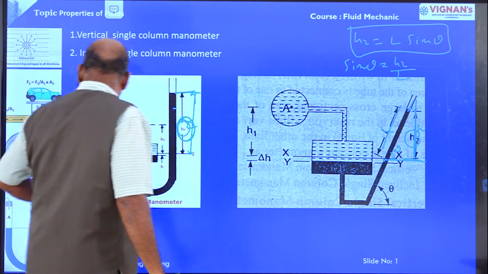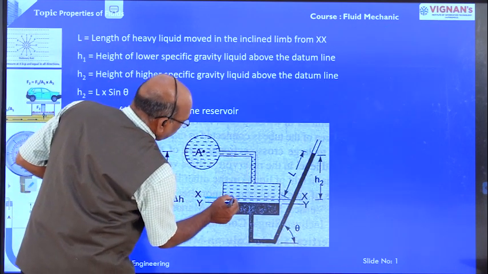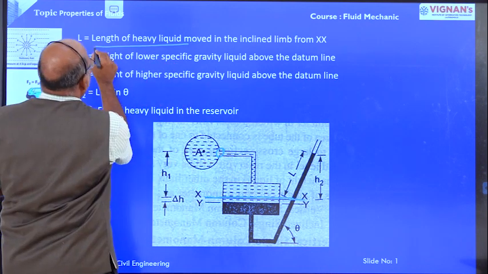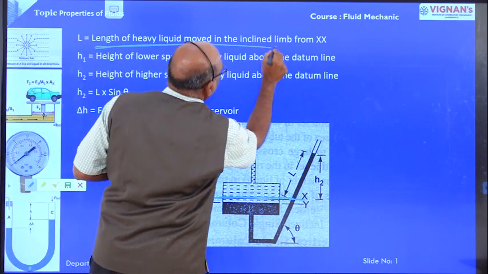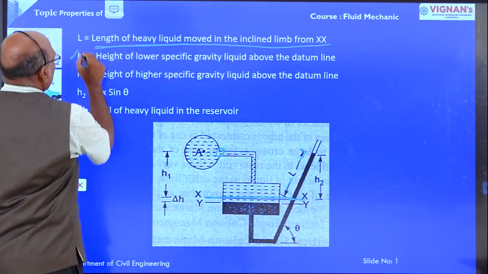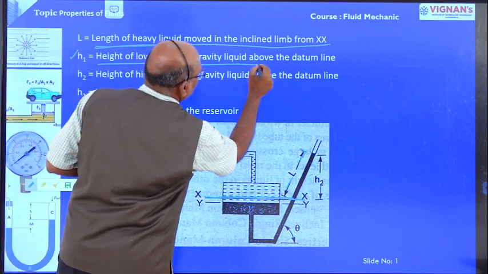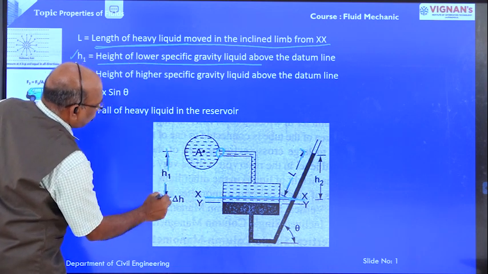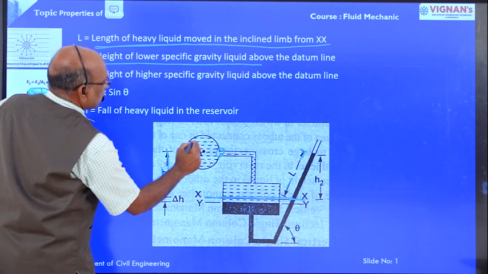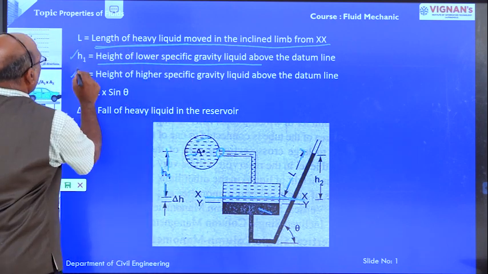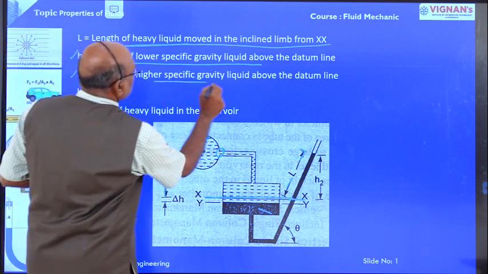theta. Right? This is section XX before connecting the pipe at point A. L is the length of heavy liquid moved in the inclined limb XX. This is L. And H1 is the height of lower specific gravity liquid. This is the lower specific gravity liquid, and the high specific gravity liquid. H2 is the height of heavy specific gravity liquid.